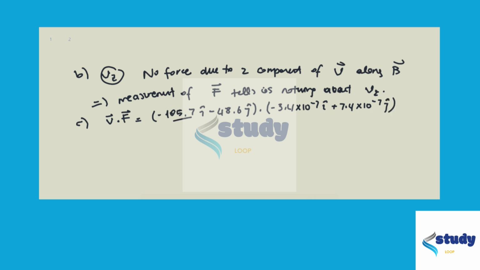So the multiplication of the components of i hat, we're going to get 3.6 times 10 to the power of negative 5. And then from the second term, we're going to get the same number, only this time we have the negative of it. As you can see, this equals 0.